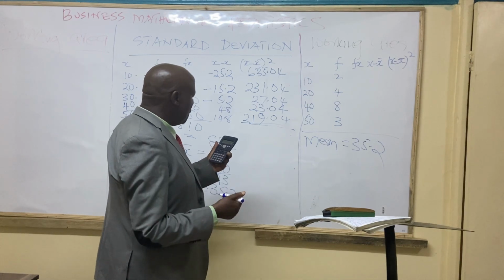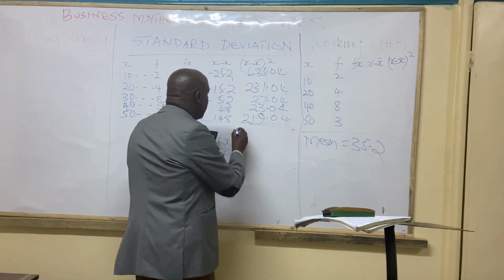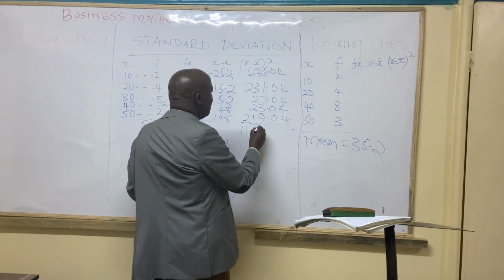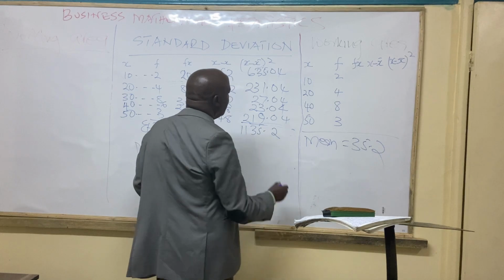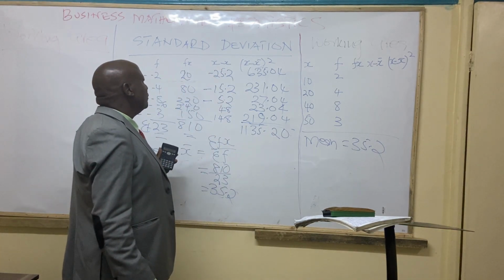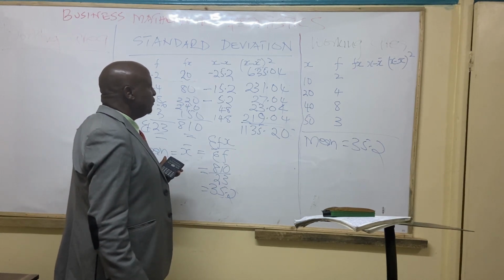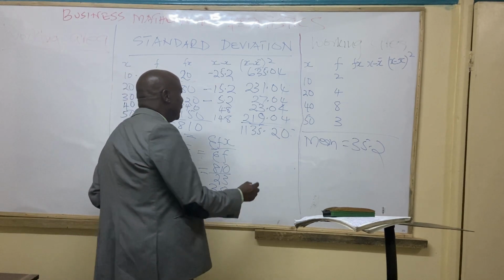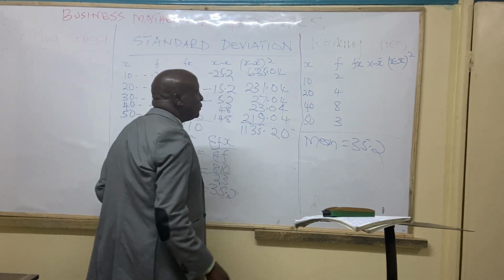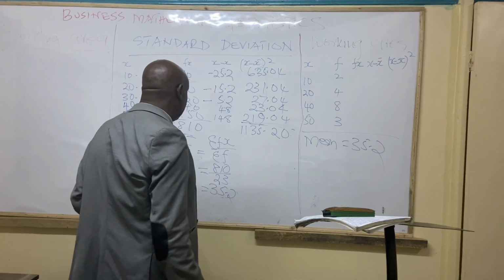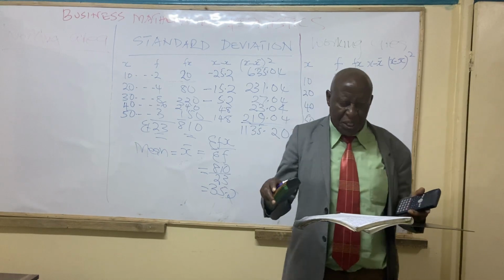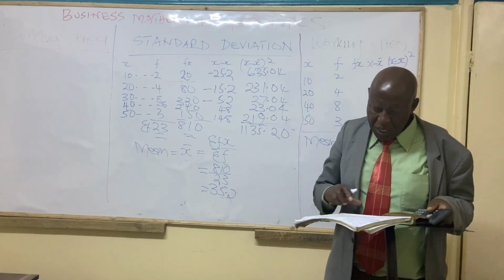So our total will be 1135.2. That will be our sum.